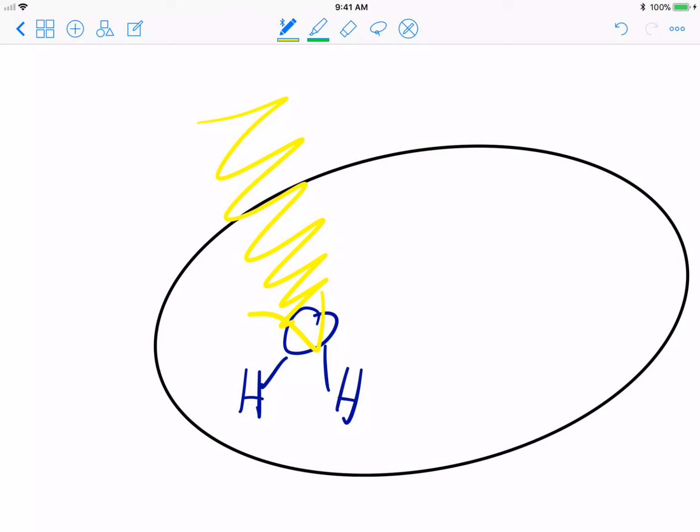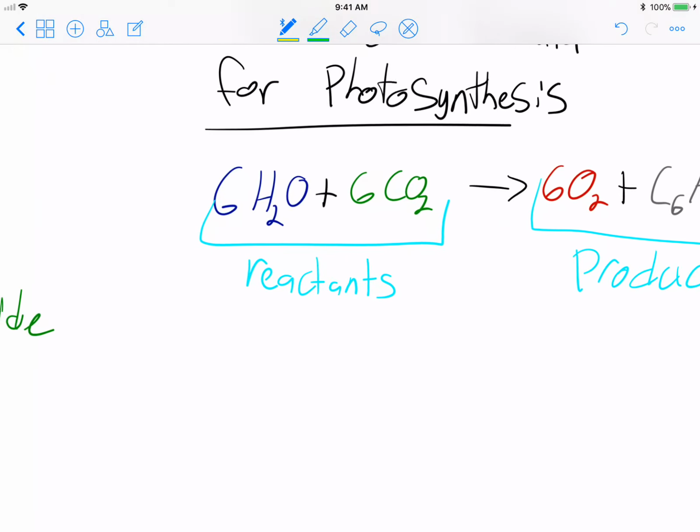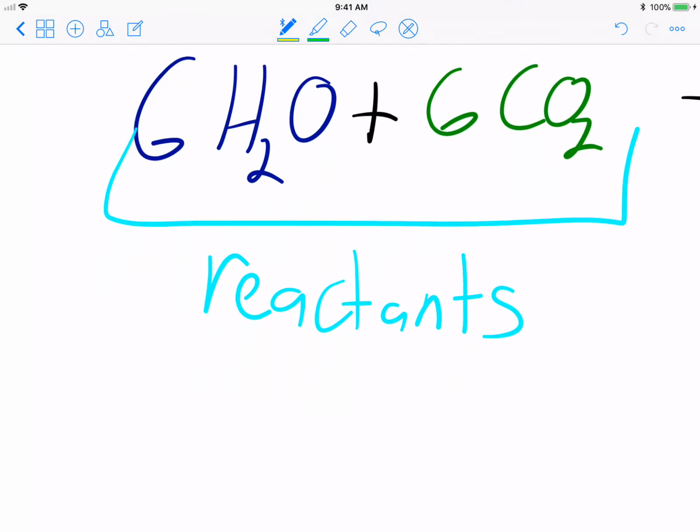Now, one of the things that makes photosynthesis so amazing is because it takes two very inert or non-reactive molecules like water and carbon dioxide, and it has them actually react with one another to create a new molecule. Okay?